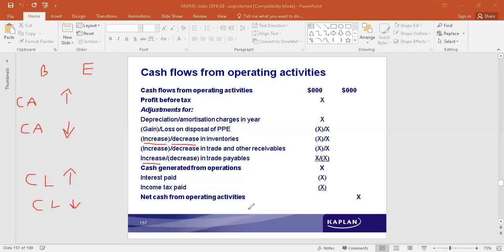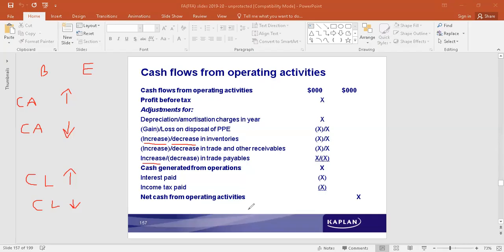Because the base is these two statements, net profit is the starting point, and we keep adjusting for all that which is not wanted. Anything that appears in the statement of financial position which is of the nature of operating activity also should be considered to know whether there are any cash flows. Adjust that, and arrive at net cash from operating activities.